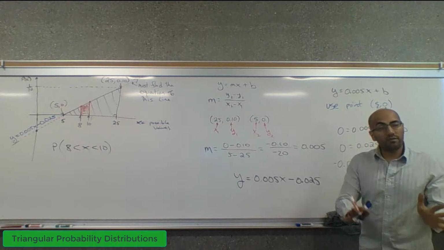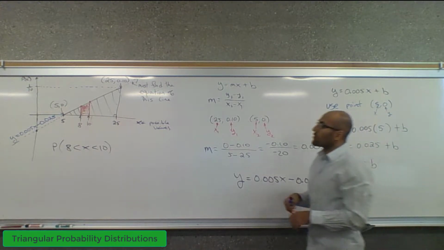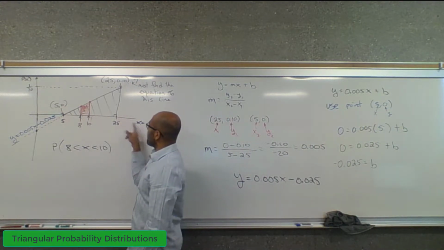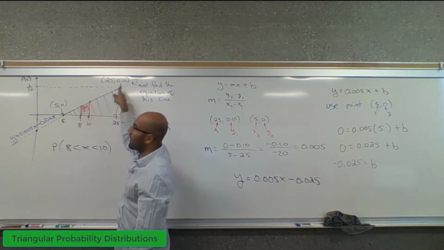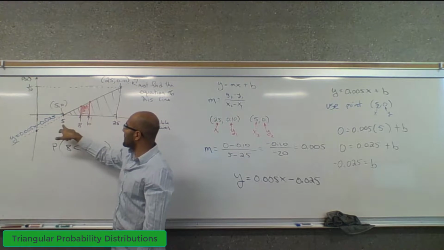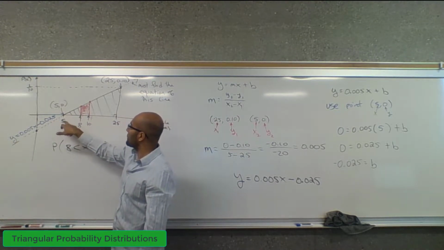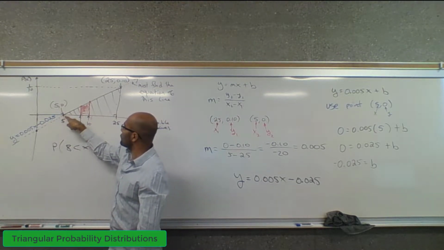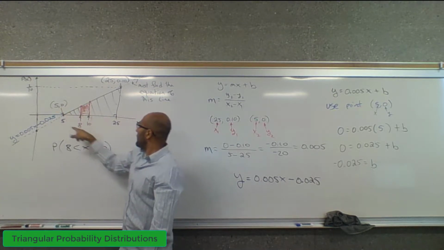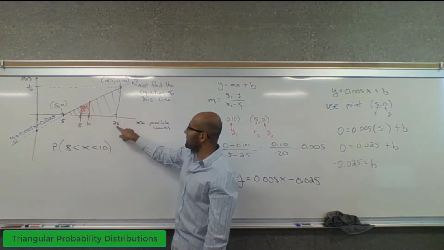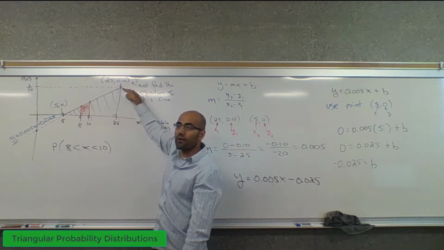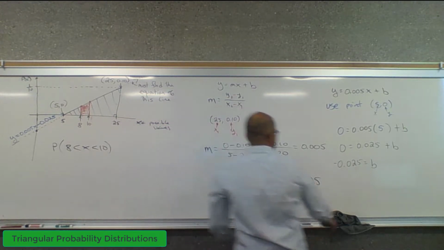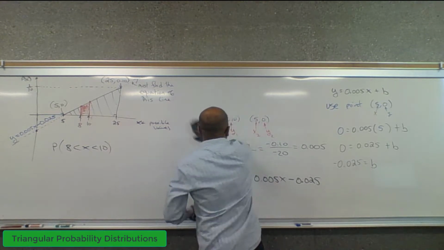So now that we have this equation, if I input a value of x, it will tell me the resulting value on that line. So I can check it, because if I type in x equals 5, this equation should give me an answer of 0. If I type in x equals 25, it should give me a value of 0.10.